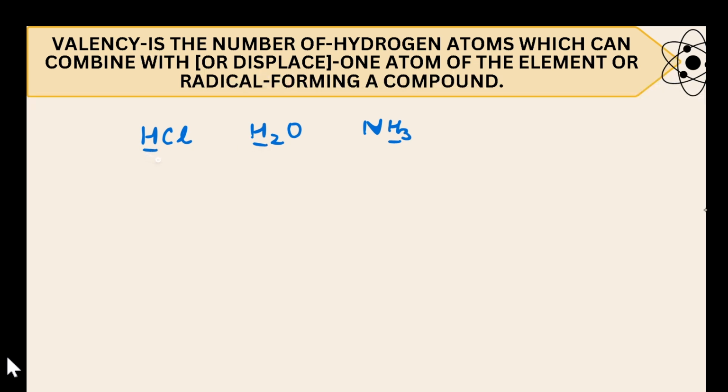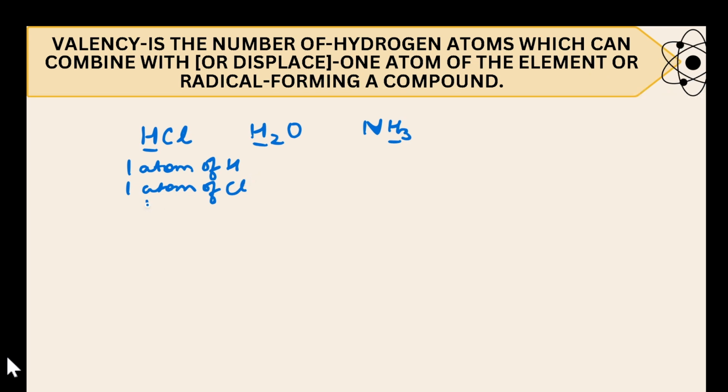Now how to understand the valency of chlorine in HCl? If you see, the number of hydrogen atoms present in HCl is one atom of hydrogen combining with one atom of chlorine to form a compound of HCl.